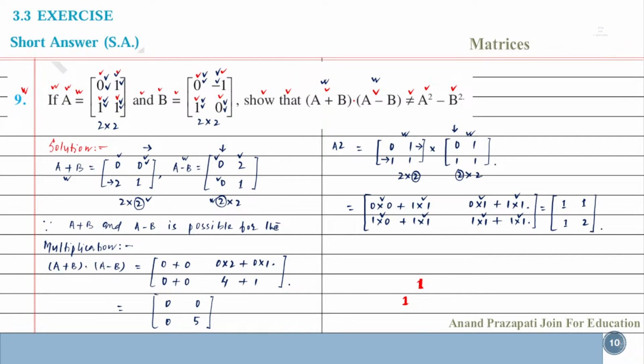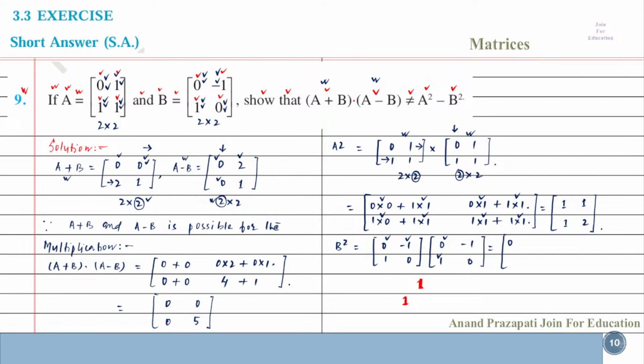B square equal to 0, 1, minus 1, 0 into 0, 1, minus 1, 0. Similarly, we get here 0 into 0 equal to 0, minus 1 into 1 equal to minus 1.